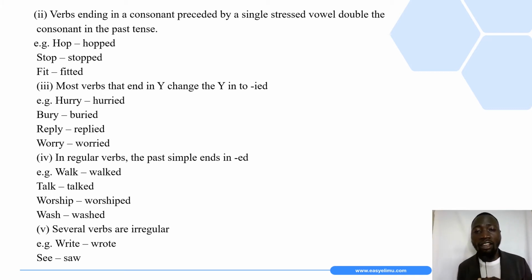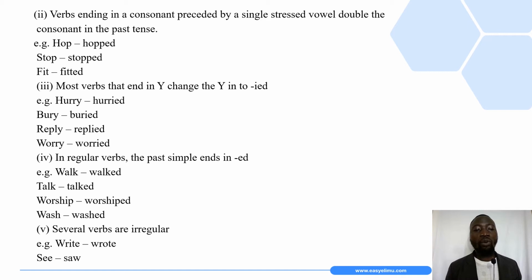Another thing worth noting about the formation of verbs in this tense is that for verbs ending in a consonant preceded by a single stressed vowel, the consonant is doubled in the past tense.